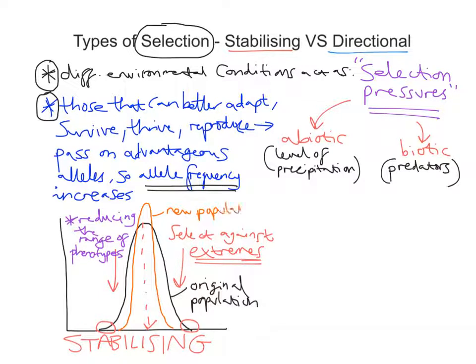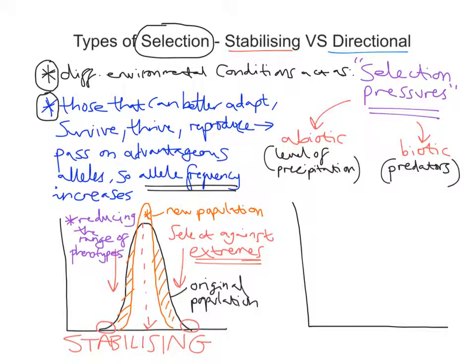So if we compare this graph to our original population, we can see not only do we have a greater number of organisms in the average category, where I put an asterisk here, we've also removed essentially these parts here. We've weaned out the extremes and removed those from our graph.